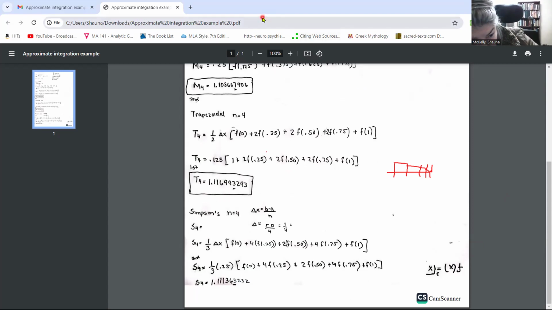What happens with Simpson's rule is that instead of approximating our areas with rectangles, which is something that we're used to, or even with the trapezoid, what we're doing here is we're approximating this with parabolas, okay? So we're actually creating parabolas to approximate it. So we have something like this.